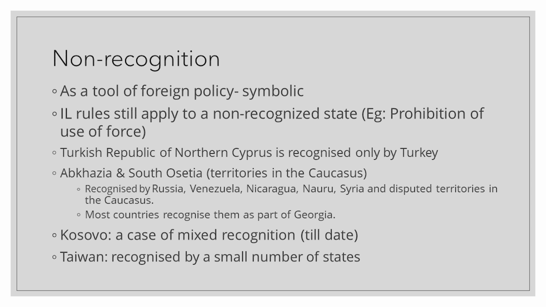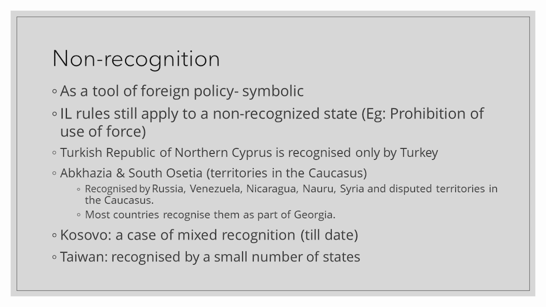In that case, X cannot have diplomatic ties with states A and B. X cannot send its diplomatic agents or diplomatic representation to states A and B, and states A and B will also not like to send their diplomatic agents, their diplomatic representation, to state X. But if state X is recognized by state C, suppose, then state X may have a diplomatic relationship with state C, though it does not have diplomatic relationships with states A and B because A and B have not recognized state X as a state.